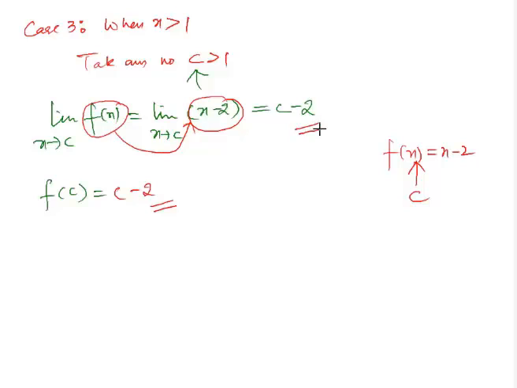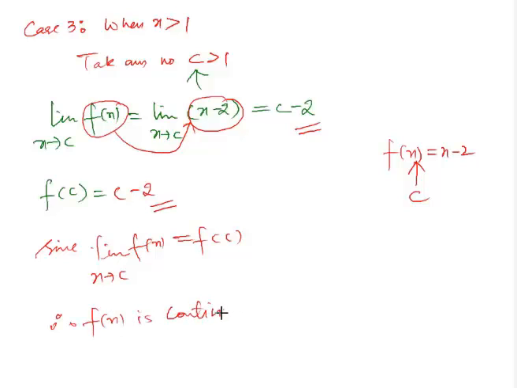Similarly, we can see that the limit value is equal to the value of the function. Since the limit of f of x when x is approaching c is equal to f of c, again we can say that f of x is continuous for all x greater than 1.